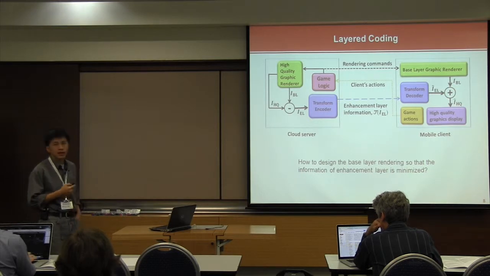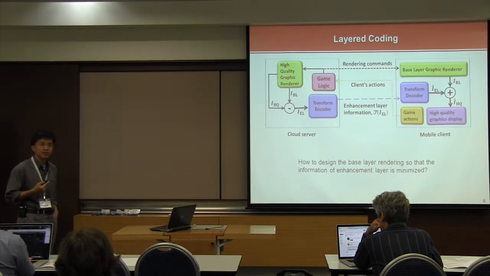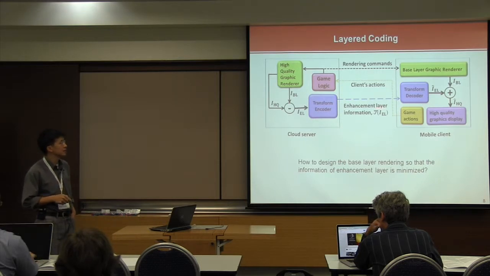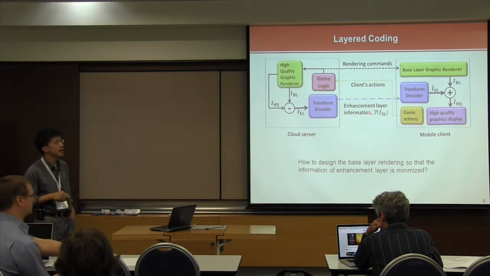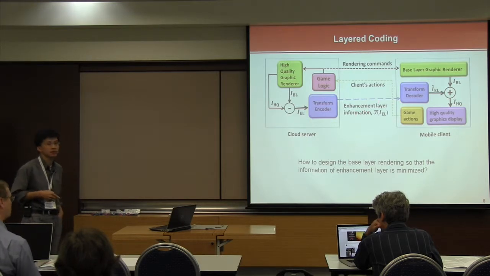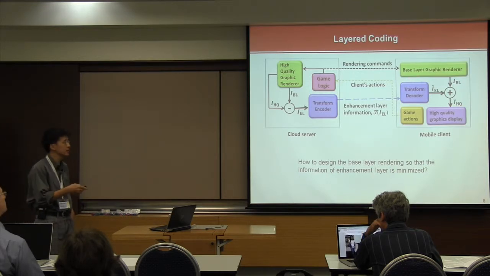And as you can guess, there could be many different approaches to perform this base layer rendering. And some base layer rendering configurations will result in less information in the enhancement layer and also achieve more bandwidth reduction. And this is the problem we are going to look into: how to design this base layer rendering for layer coding.